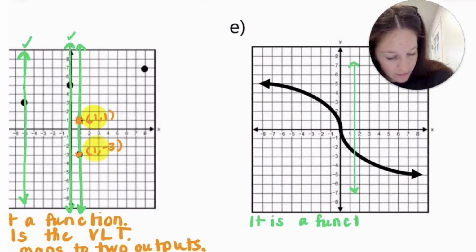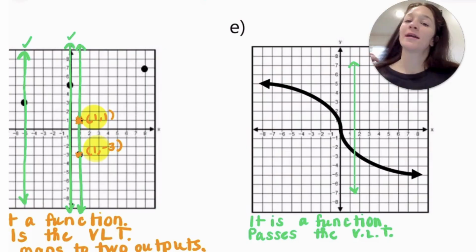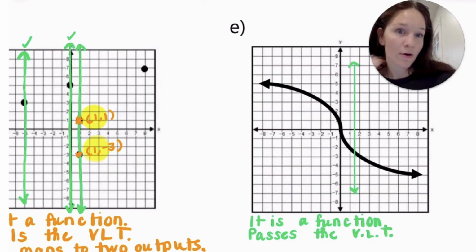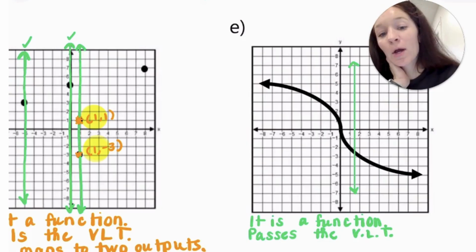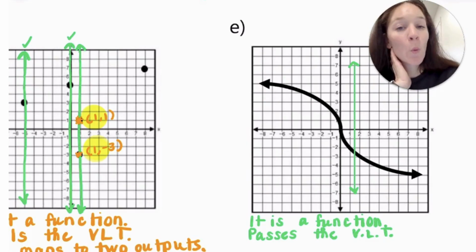And to justify, you could say that it passes the vertical line test. I would actually spell out vertical line test if it was a standardized test or something like that. Or you can even say what the definition of a function is: every input is paired with one unique output, and you can recite your understanding of what a function is.